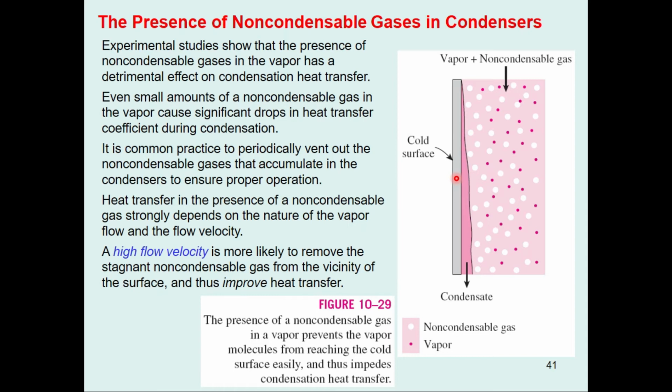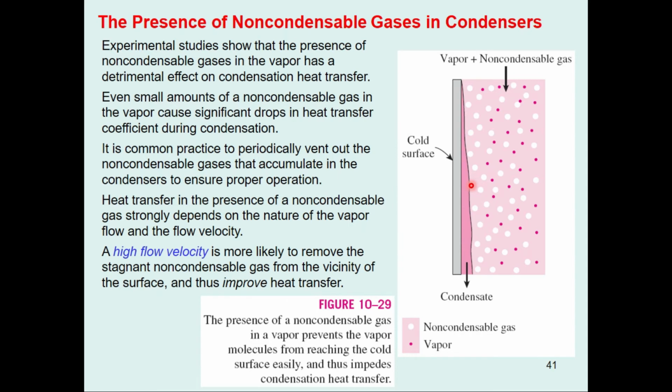It is a common practice to periodically vent off or remove the non-condensable gases that accumulate in the condenser to ensure proper operation, which means that if we remove these non-condensable gases from the condenser, the condensation of these pink vapors into the liquid will be easier.